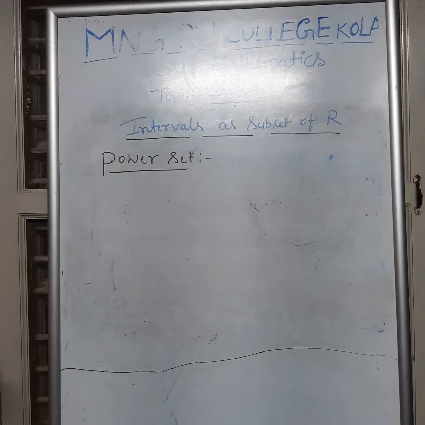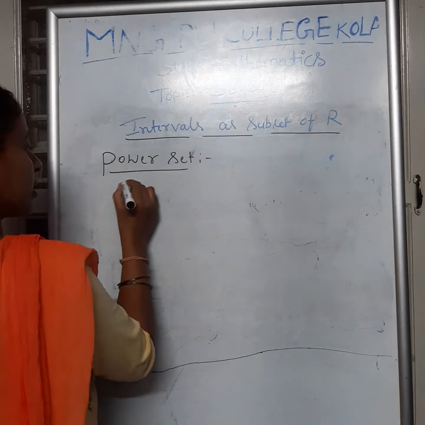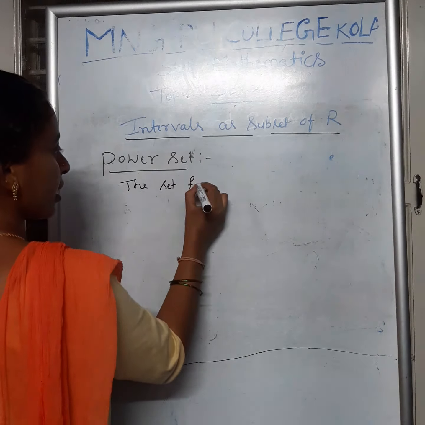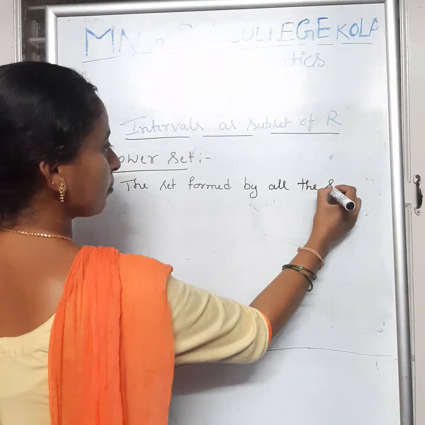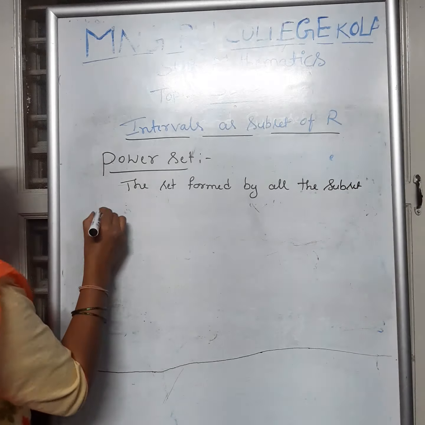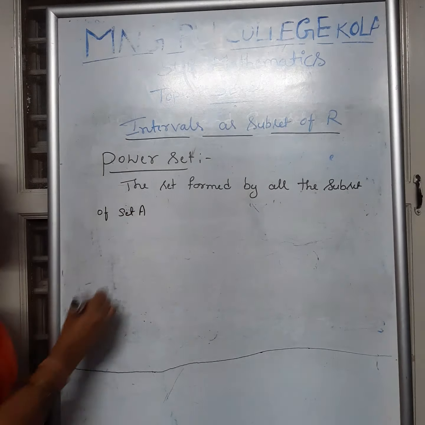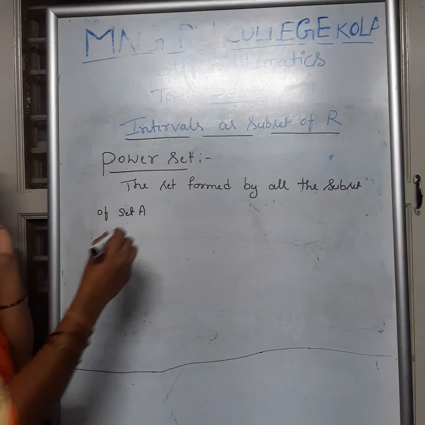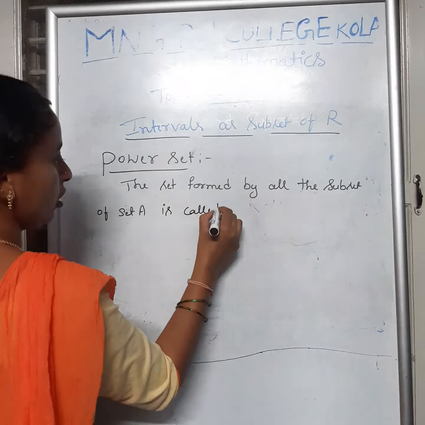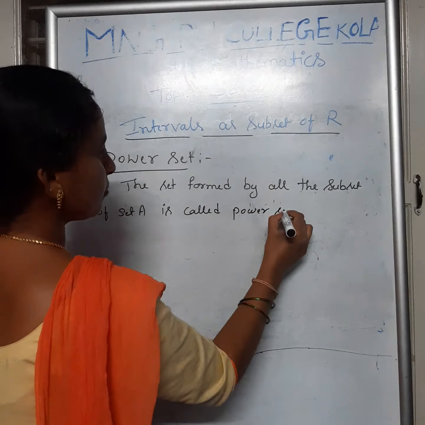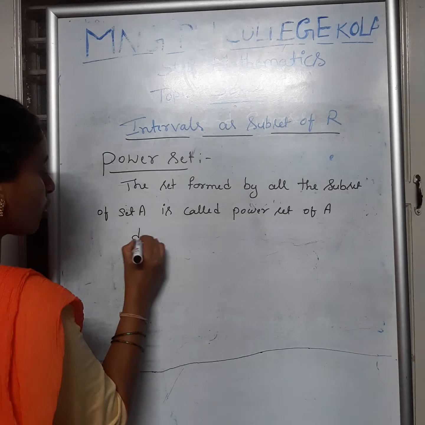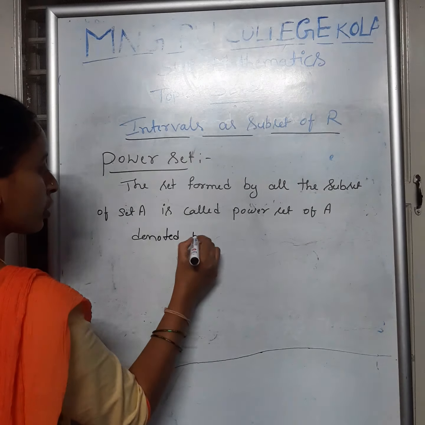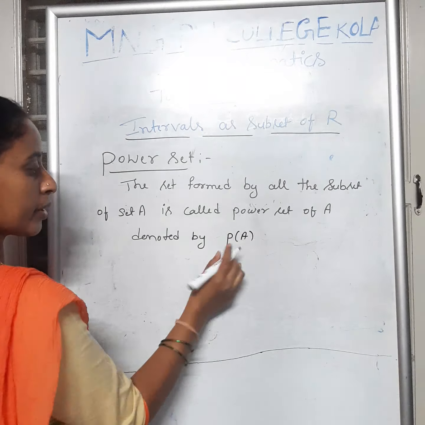The set formed by all the subsets of a given set A is called the power set of A, and is denoted by P of A, power set of A.